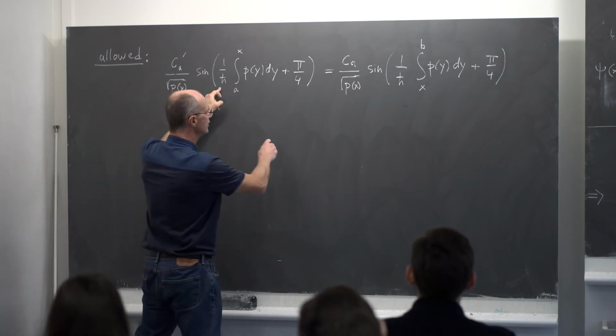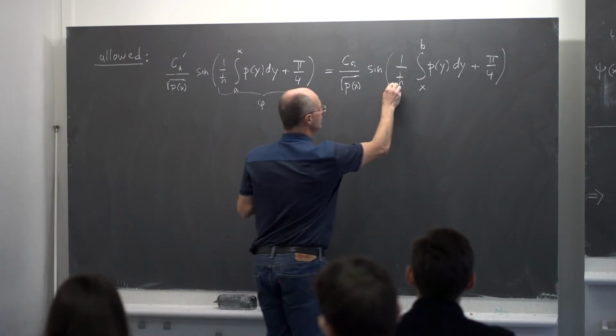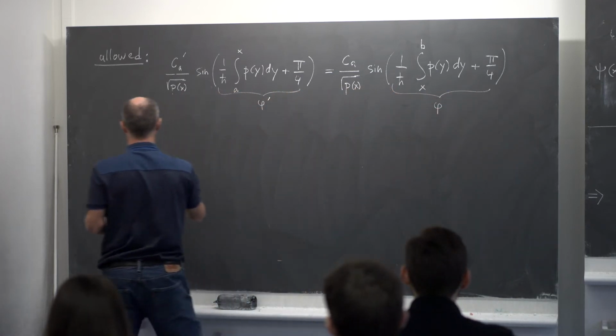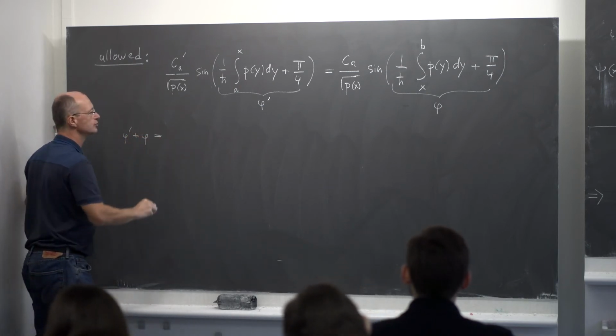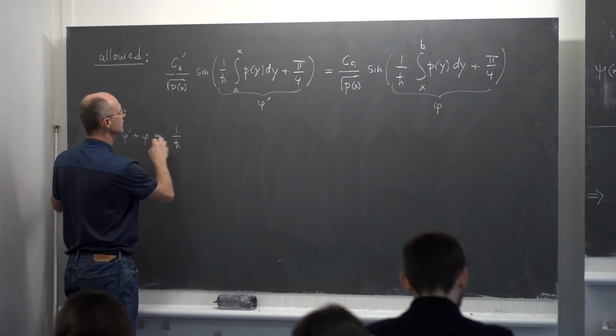So the realistic story is like this. We have one phase, we have the other phase, and the sum of those two phases is a constant, which does not depend on x.